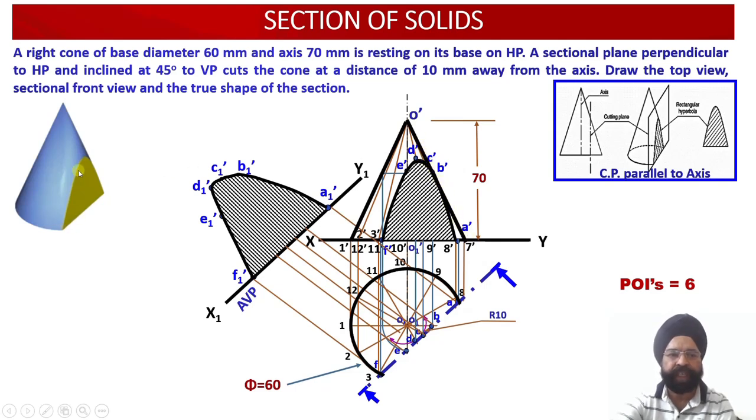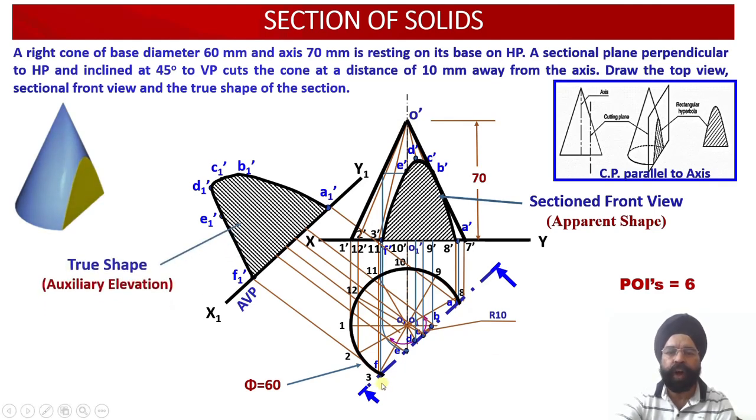This portion is already represented in the front view through the sectional front view, which is the apparent shape of this rectangular hyperbola, whereas the remaining portion is visible over here, and this is the true shape of the cut section which is available in the auxiliary elevation drawn onto the auxiliary vertical plane.